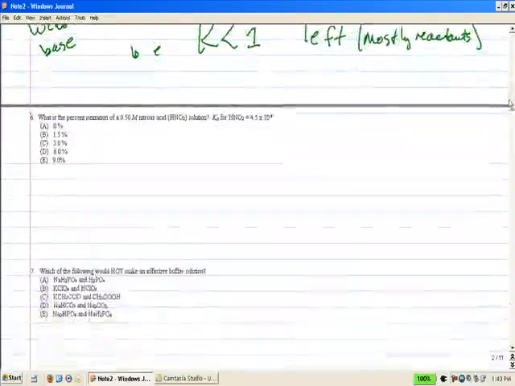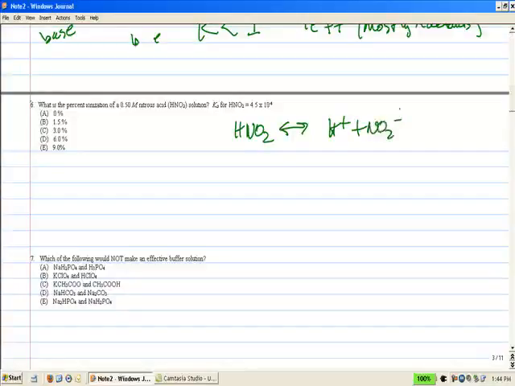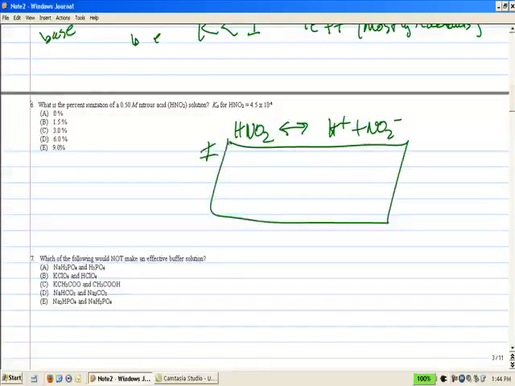Number 6, what is the percent ionization of 0.5 molar nitrous acid if the Ka is 4.5 times 10 to the negative fourth? If we look at this reaction, hopefully we're going to see that the ICE table is going to look very similar to a lot of the other ones that we've done.